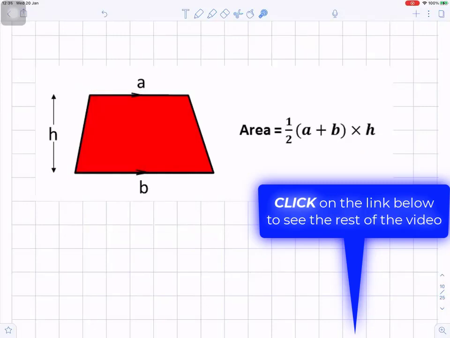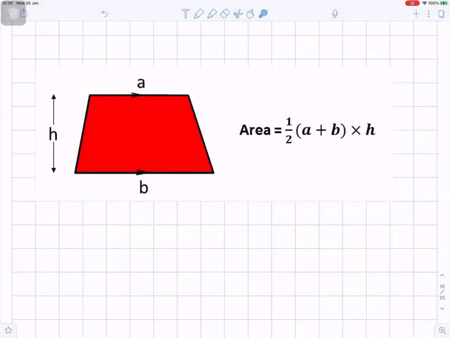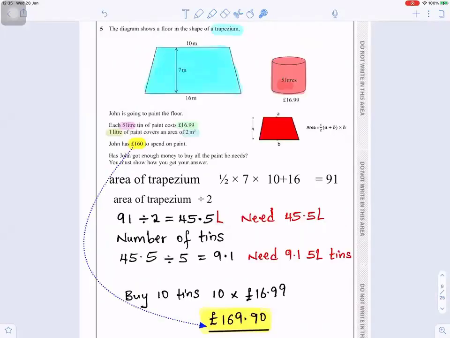So area of trapezium is half times the height, which is 7, and the parallel sides are 10 plus 16. That gives you 91. That's the area of the trapezium.